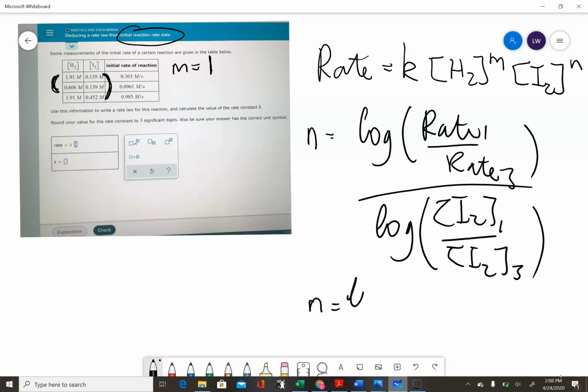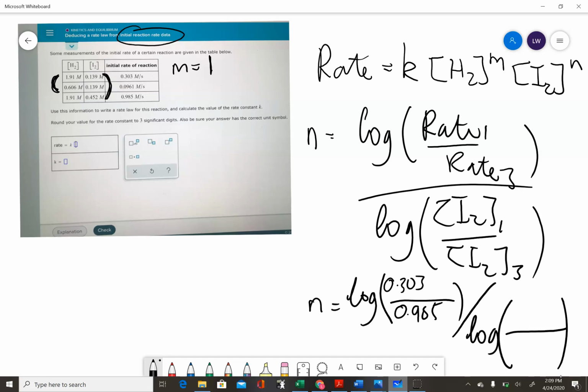So n is going to be log of 0.303 over 0.985, divided by log of, we've just got to not get things confused, 0.139 over 0.452. See what we get.